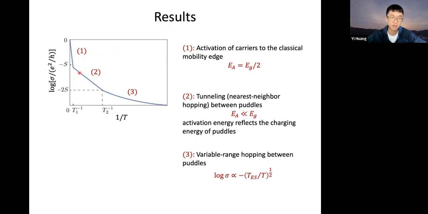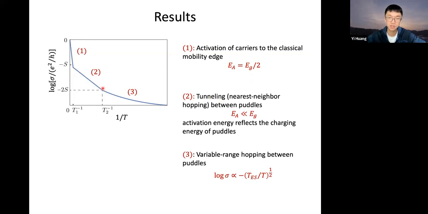Our calculation shows the conductivity actually has 3 distinct regimes of conduction mechanisms as a function of temperature. At the highest temperature, or the smallest inverse temperature, you have activation of carriers to the classical mobility edge. This is what Ilya mentioned in the beginning. The activation energy is equal to half the distance between 2 classical mobility edges, or what we call the band gap.